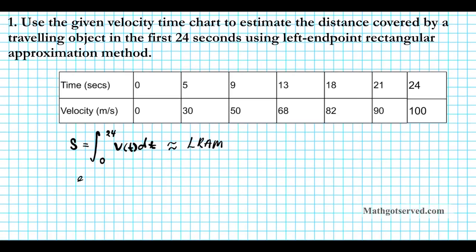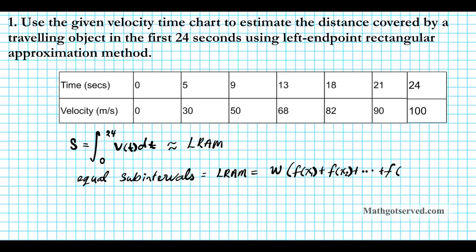If you have equal subintervals, you can use the formula. LRAM is basically W times f of x1 plus f of x2 plus the pattern goes on, f of xn minus 1.